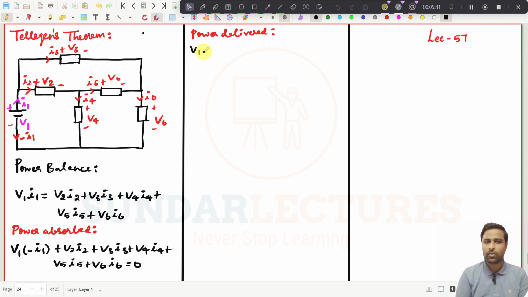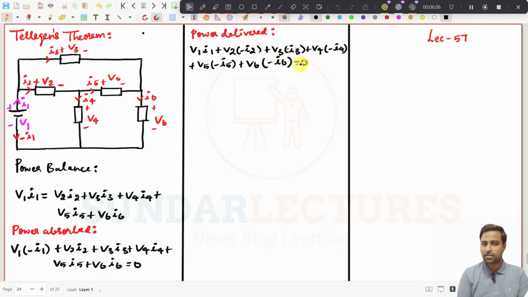V1 I1 plus V2 into minus I2 plus V3 into minus I3 plus V4 into minus I4 plus V5 into minus I5 plus V6 into minus I6. This should also be 0.